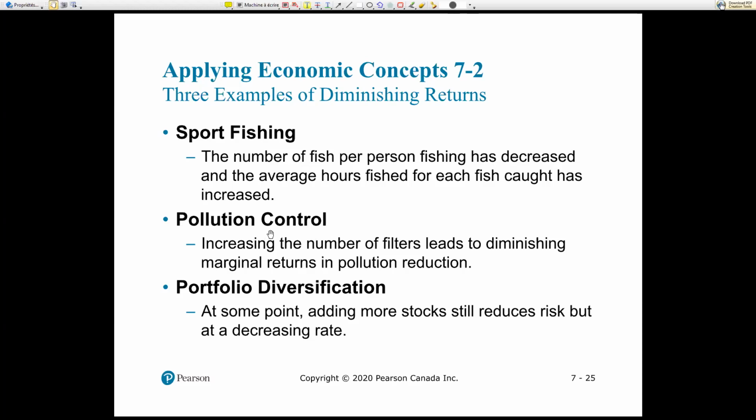If I want to control my pollution, I can add one filter, and then I say, oh, it's not enough, let's add a second one and a third one. Well, if I have 10 filters and I add one other filter, it's not going to change much. So this is a general thing that we observe. Anytime you increase some flexible or variable input, at some point you cannot increase it forever. You hit diminishing returns.